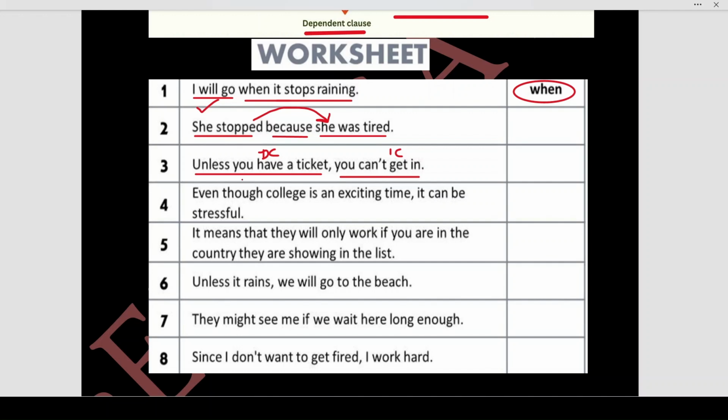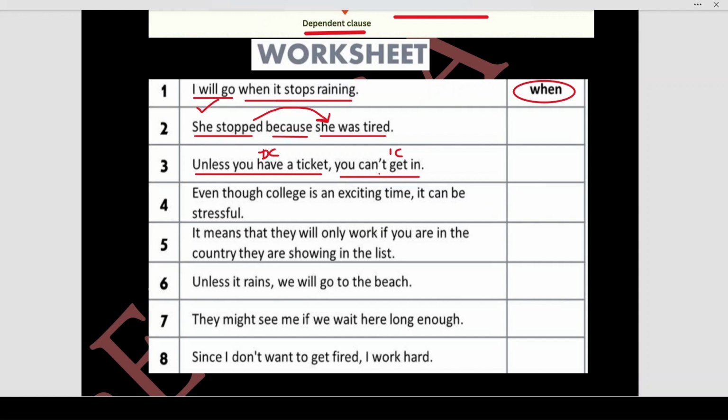And what is the conjunction which has to be added? So in this sentence, as we have identified, unless you have a ticket is a dependent clause because it doesn't make sense on its own, and you can't get in is an independent clause because it has some meaning. You can't get in on its own makes sense.